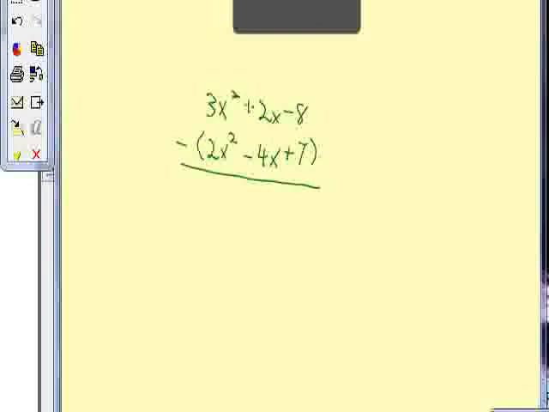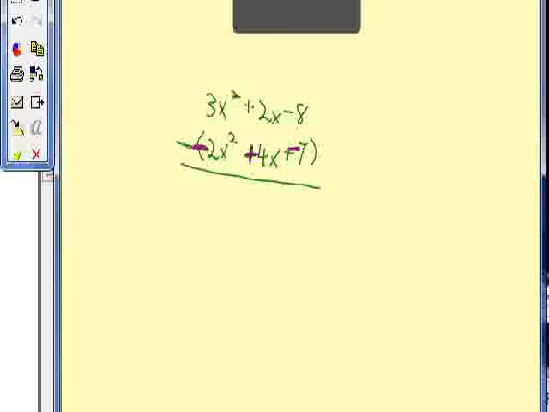Now this minus, I'm going to distribute and make it a little bit longer. So this becomes negative 2x squared. This becomes positive 4x. This becomes negative 7.